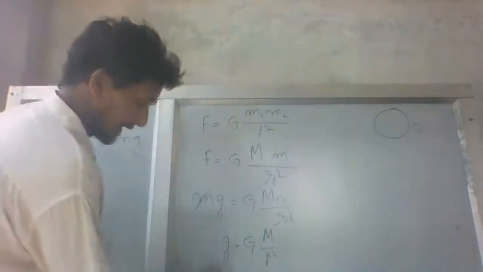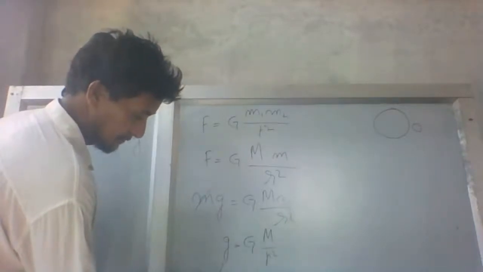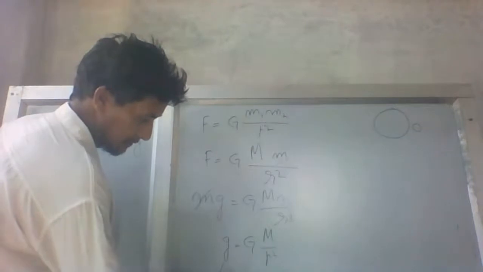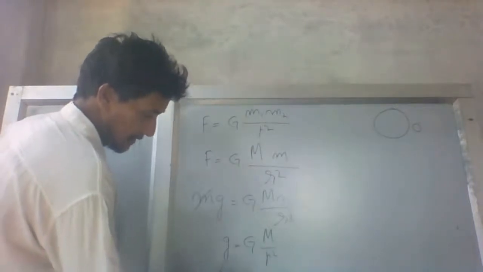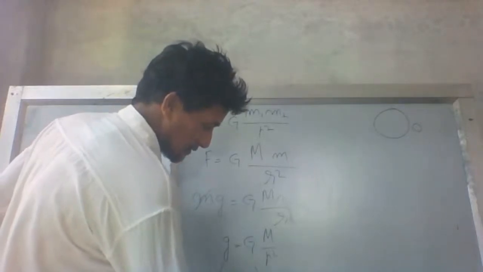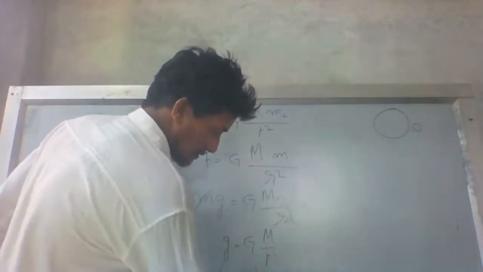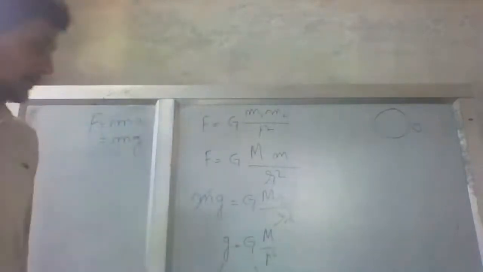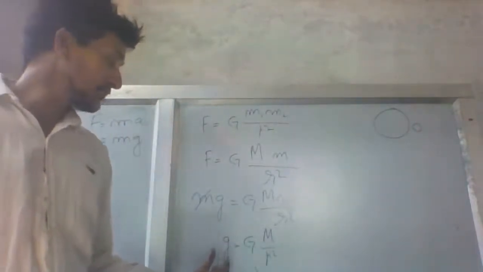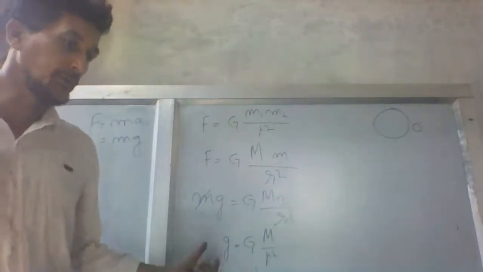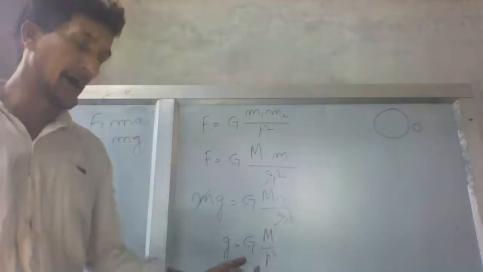This is the gravitational acceleration, and this is the gravitational constant. So g is equal to G M upon r square.